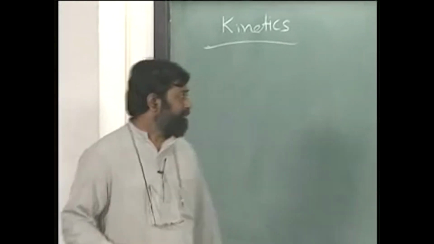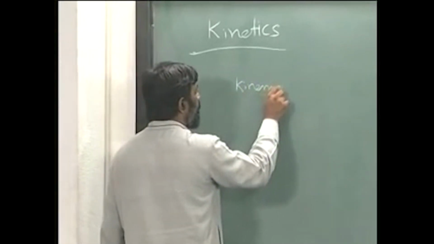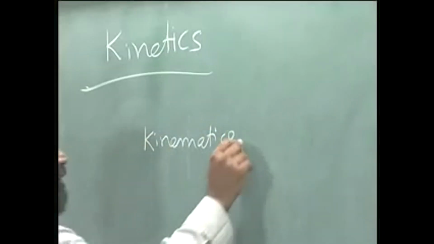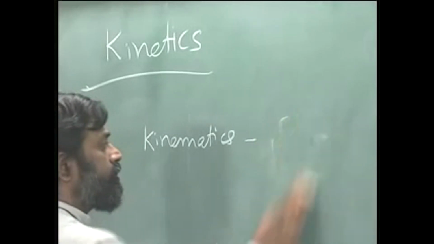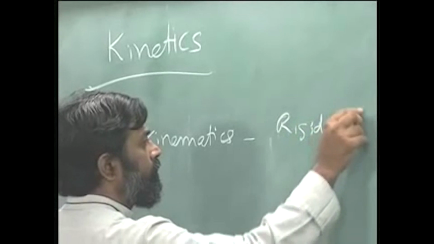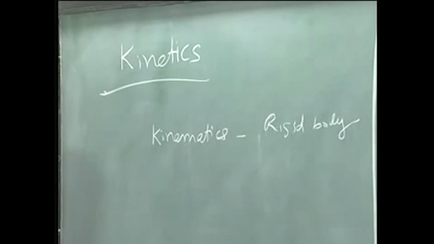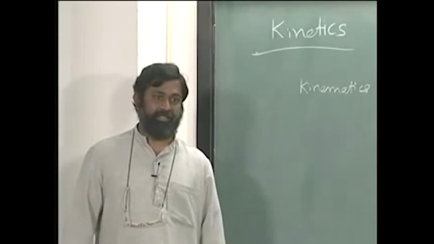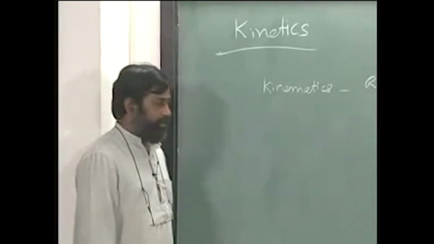So given this, let us say I know the kinematics of the rigid body, and I now wish to relate the forces acting on the rigid body to the kinematics, okay, and that is what I want to do. So let us look at how we can do that.